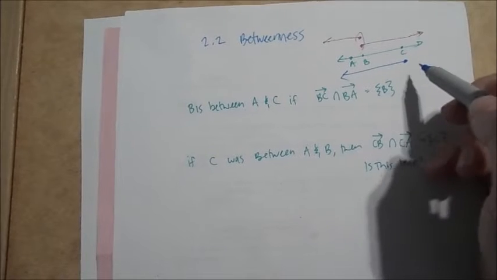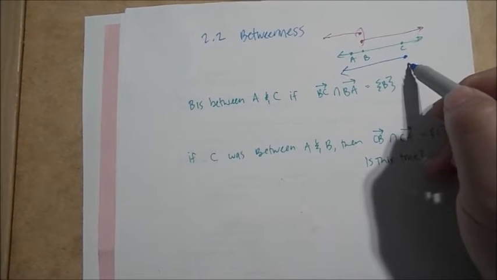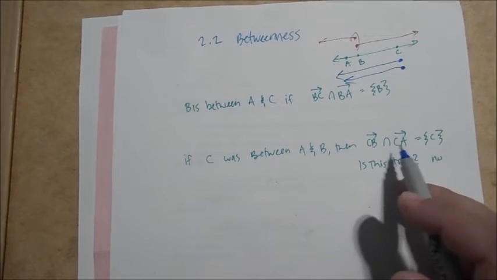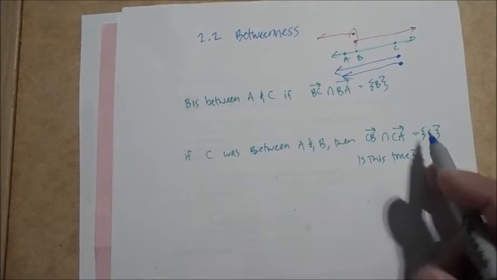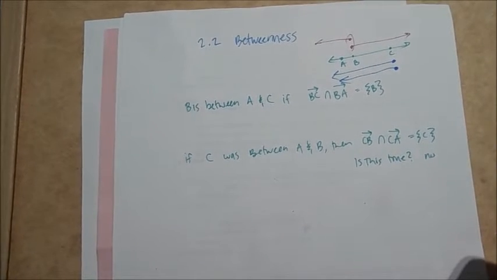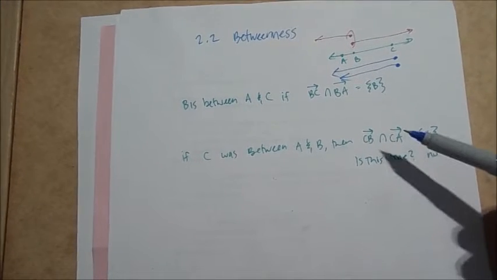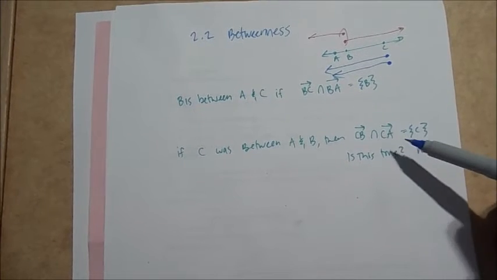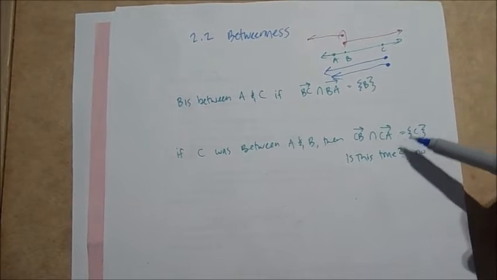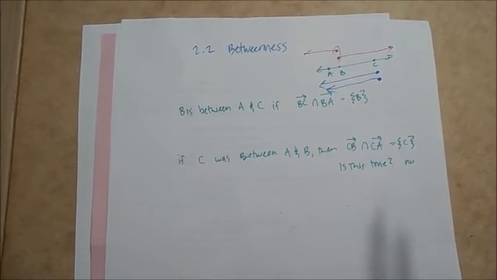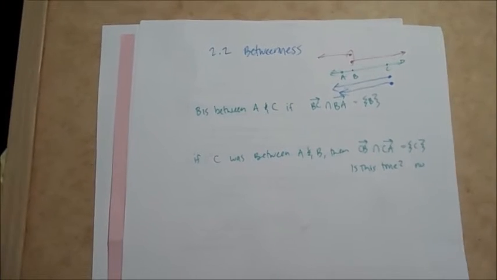Okay, ray CA is this one. All right, when you take their intersection, do you just get point C? No, they have every single point in common. So it doesn't work. If you ever try to intersect the two rays and their endpoint isn't what is in common, then you don't have that point being the one in between the two others.